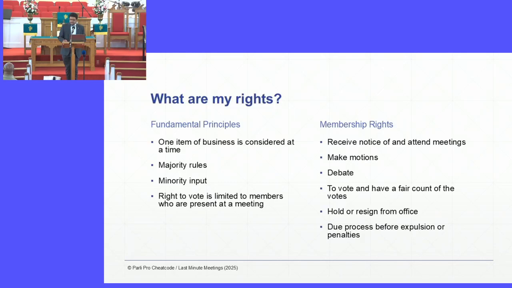In the introduction of Robert's, it really talks about why decisions by majority vote with debate are important, because people have had the right to say their piece, to hear things out, and to make an informed decision. Compared to a quote-unquote unanimous decision, just because something's unanimous doesn't necessarily mean it was the best decision-making process.